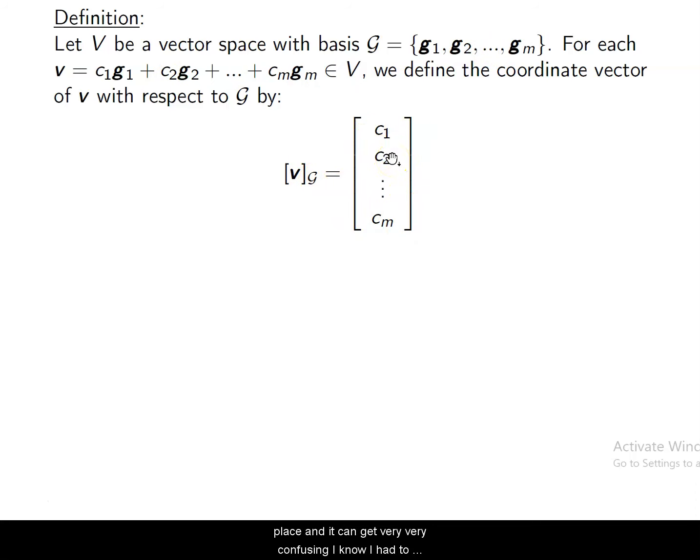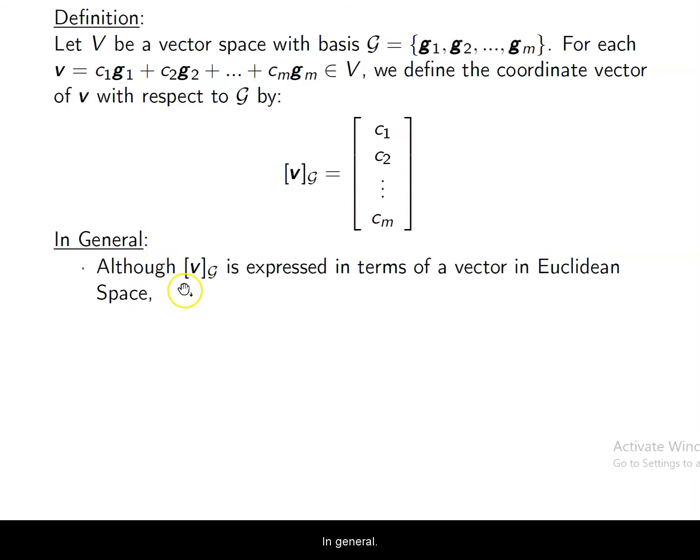I know I had to review several times before making this video and writing my lecture notes, but maybe that's just me. So in general, although this is expressed in terms of a vector in Euclidean M space, it's still a vector in V. If our vector space represents functions, even though our representation as a coordinate vector is a standard Euclidean vector, it still represents whatever type of vector object we have in our vector space.